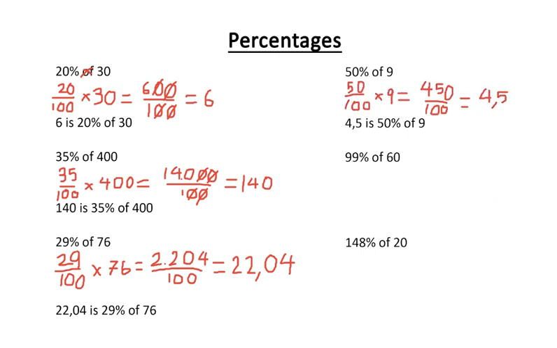Next up, we want to find 99% of 60. So let's go. 99, oh, sorry. 99 over 100 times 60. 99 times 60 makes, let's think about this for a second, 5,940 over 100.